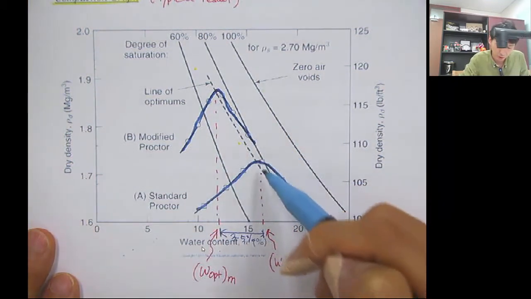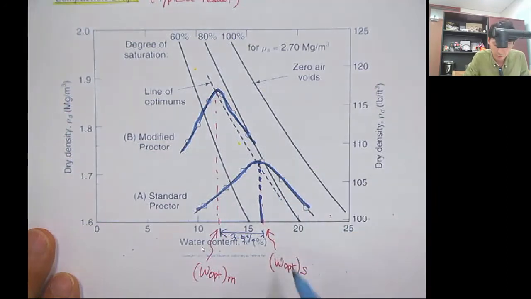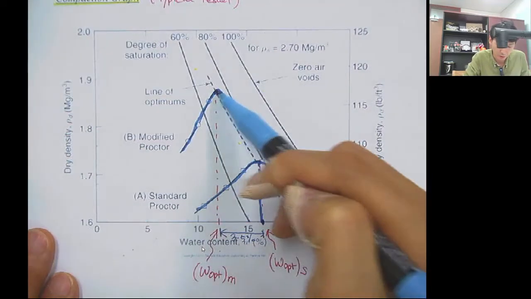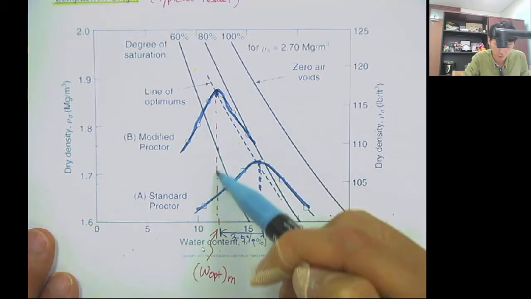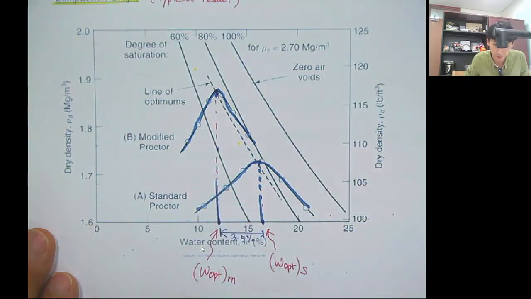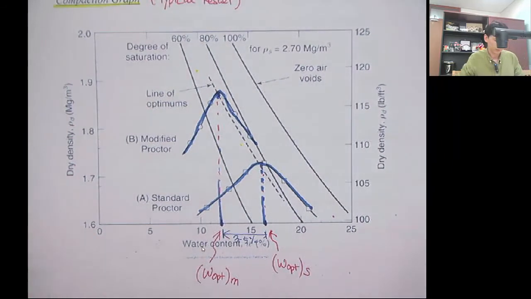The optimal water content obtained from the standard Proctor test will be around here, and the optimal water content from the modified Proctor test will be around here. Typically the difference between the optimal water content from the standard Proctor test and the modified Proctor test is about 3 to 5%.